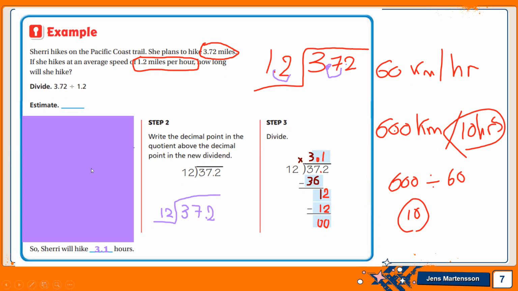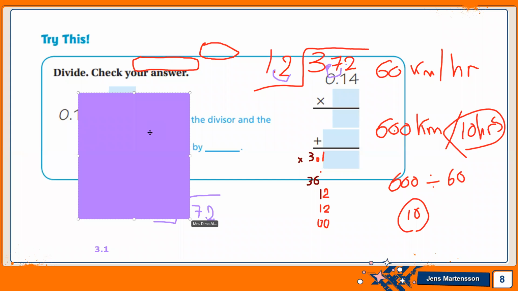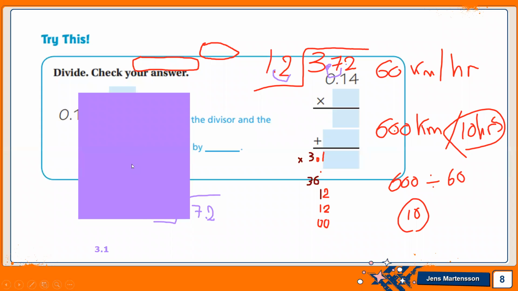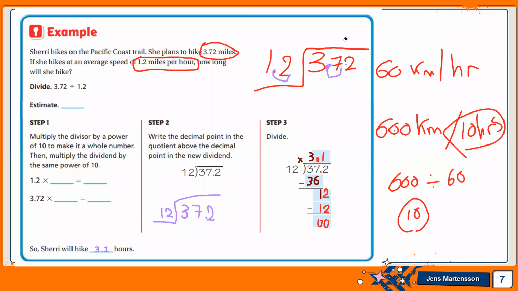Oh, yeah. I told you that this one, let's see. Here, it just gives you an explanation. That's 1.2. In order to move it 1 decimal point, you multiply it by 10.